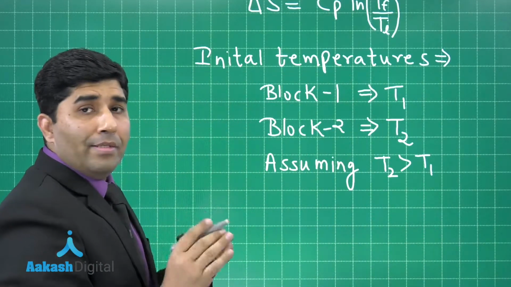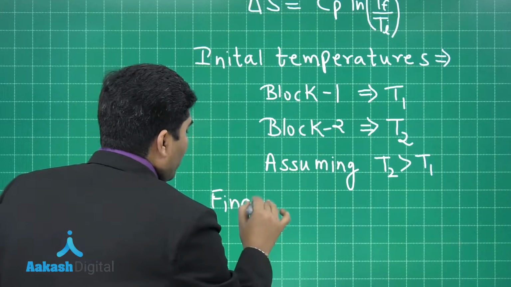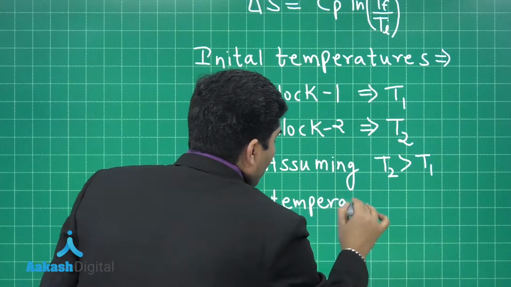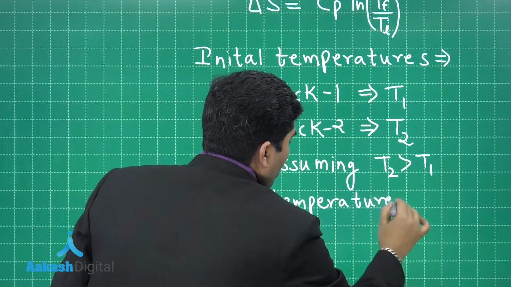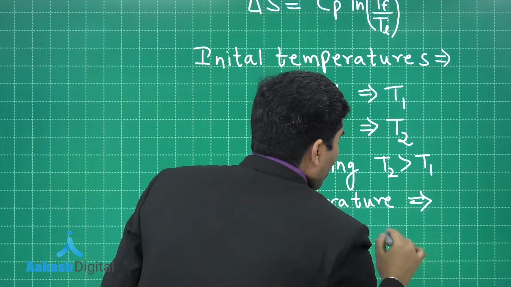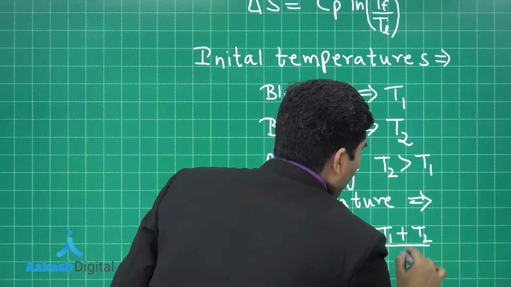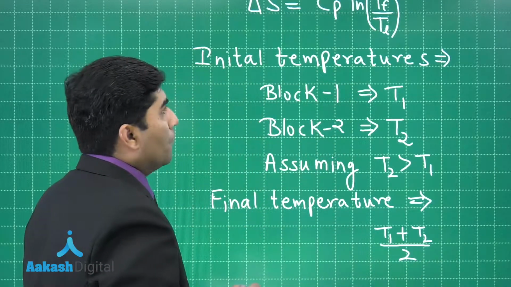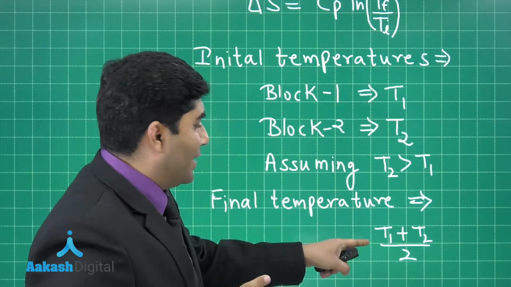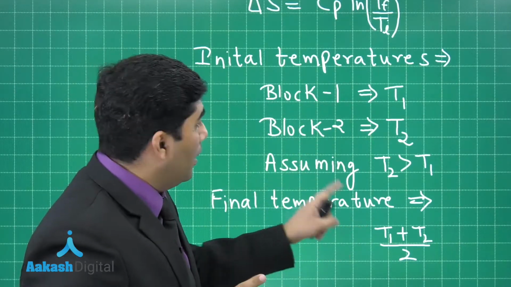Since they are coming to thermal equilibrium, the final temperature for both the blocks will be T1 plus T2 by 2, right? So the initial temperature of block 1 was T1 and the final is T1 plus T2 by 2, and for the second block it is T2 and the final will be T1 plus T2 by 2.